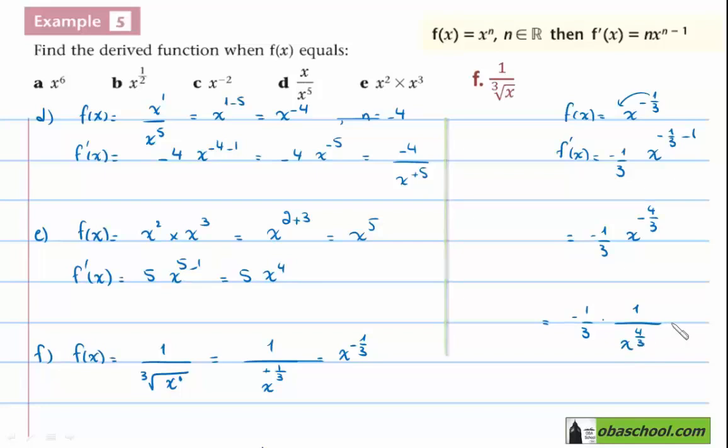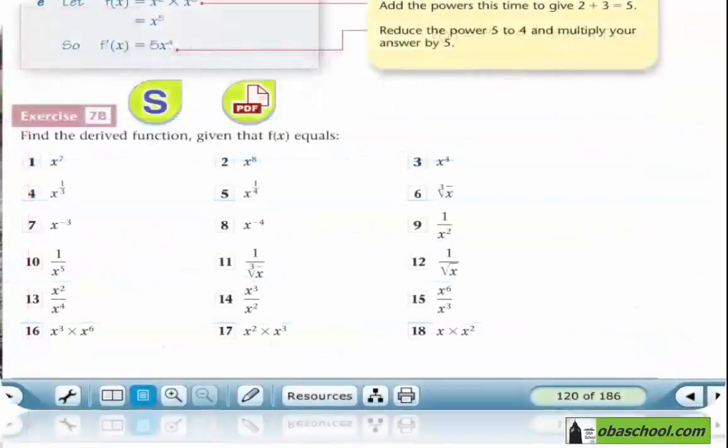We can rewrite it so it becomes minus 1 over 3 multiplied by 1 over x to the power 4 over 3. Using the formula, we were able to apply and find the derived form for f of x in different cases.